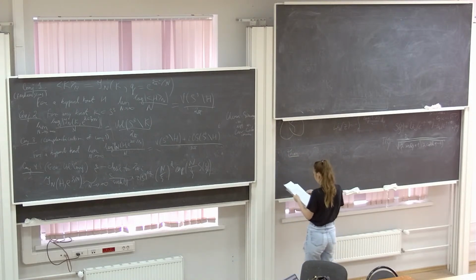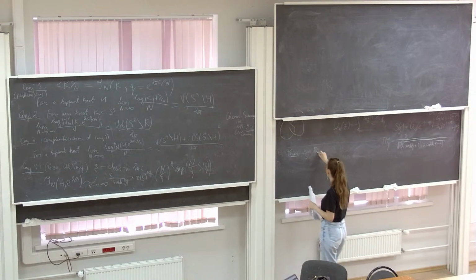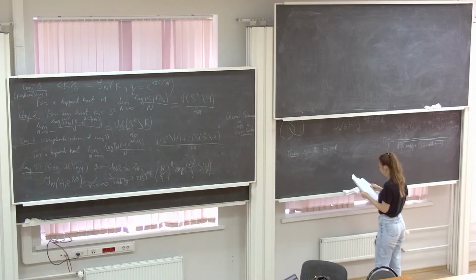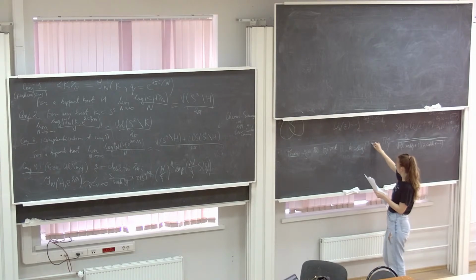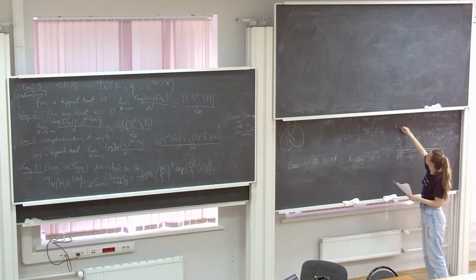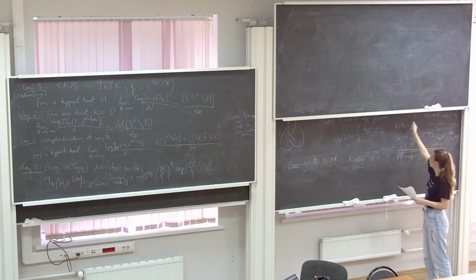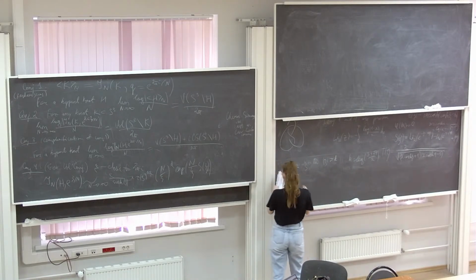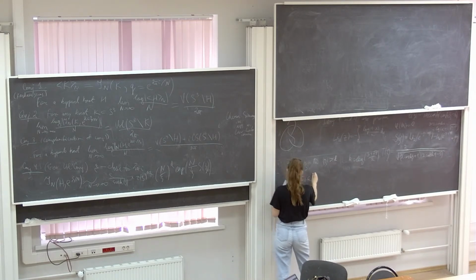The theorem is that when Xi is real and modulus of Xi is more than K, where K is a fixed number chosen in such a way that phi of K equals 0, then for this choice of Xi we have the following asymptotic formula.